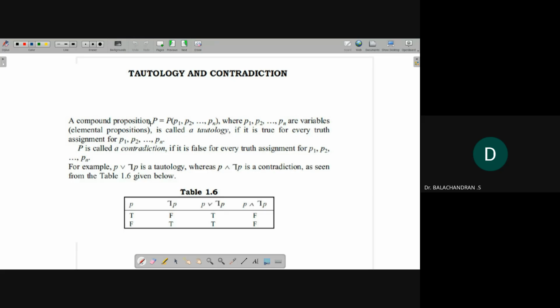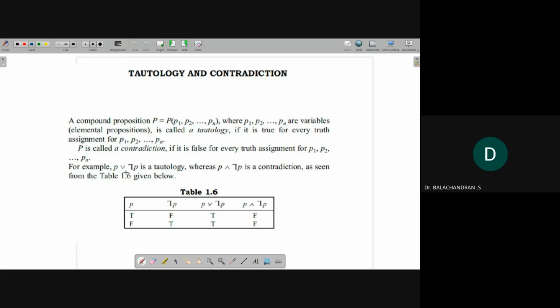A compound proposition P of P1, P2, Pn, where P1, P2, Pn are variables, is called a tautology if it is true for every truth assignment for P1, P2, Pn. And P is called a contradiction if it is false for every truth assignment for P1, P2, Pn.